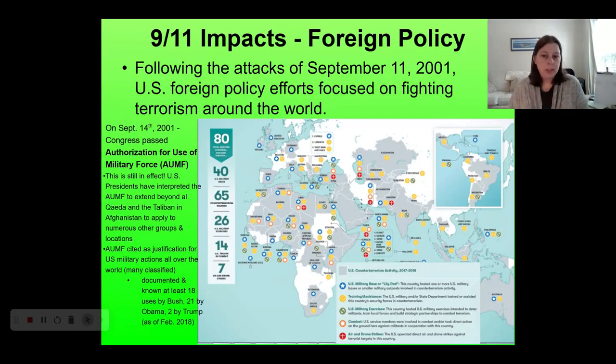It was supposed to be against the Taliban and Al-Qaeda, but successive American presidents since 2001, so George W. Bush, and then after him Obama, and then after him Biden and Trump, have interpreted this quite broadly to give the United States president power to deploy troops or military resources or engage in fighting terrorism all over the world, in any form or fashion.